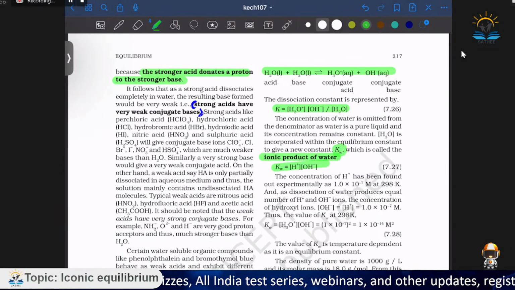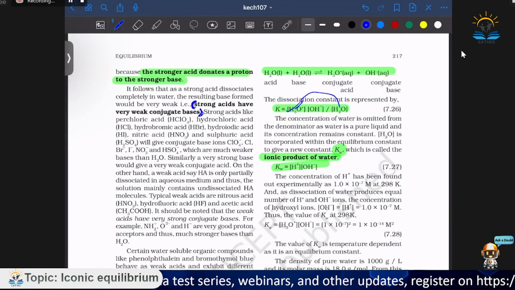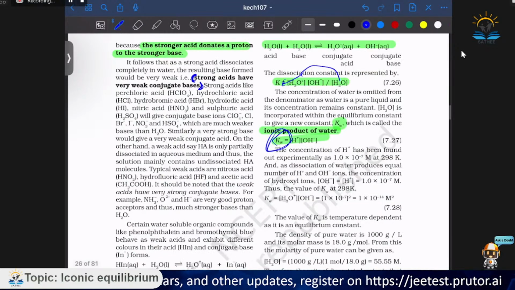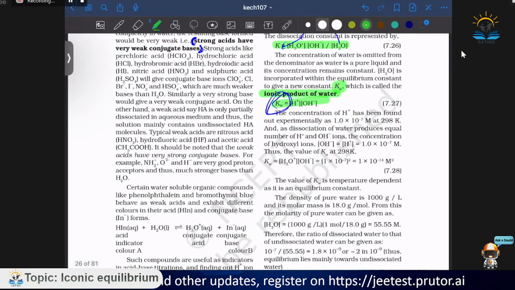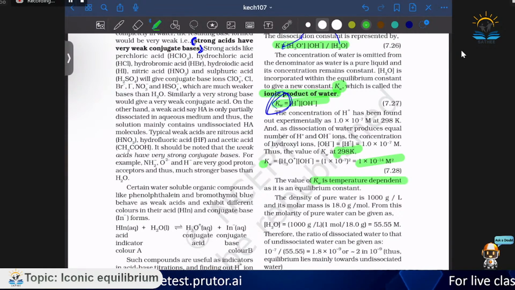To your dissociation constant, you multiply the concentration of H2O and you create a new constant called Kw. The value of Kw for water at room temperature is 10 to the power minus 14, and this value of Kw is temperature dependent as it is an equilibrium constant.